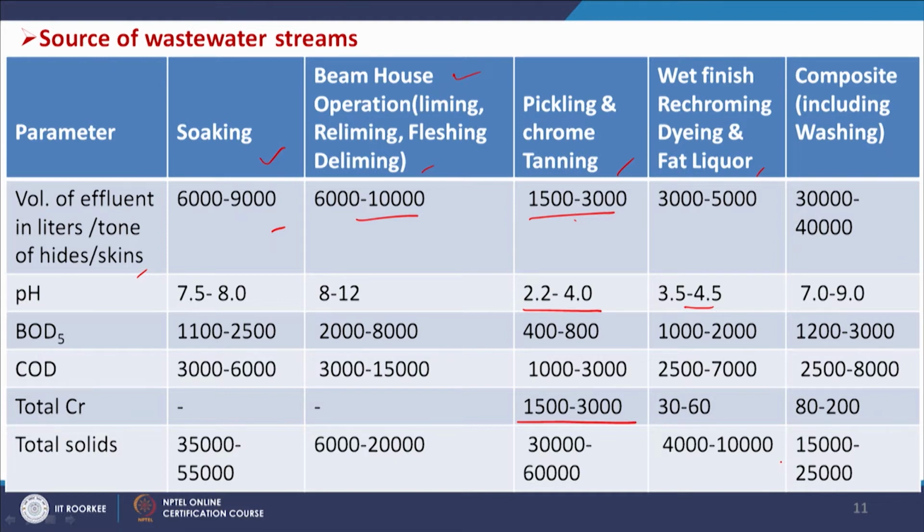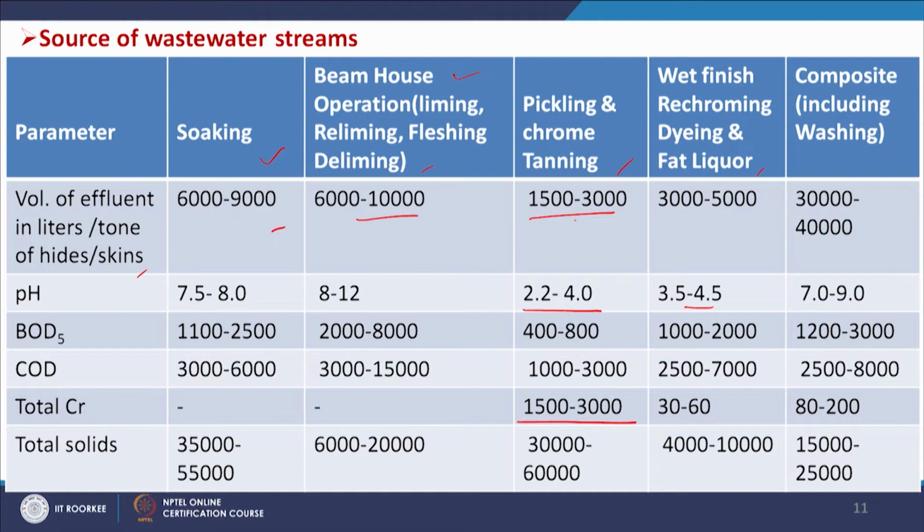Now, it is the choice of the industry to treat these separately or as a mixture, after mixing, that is composite including washing. So, this is the composite concentration of the pollutants in the composite wastewater.